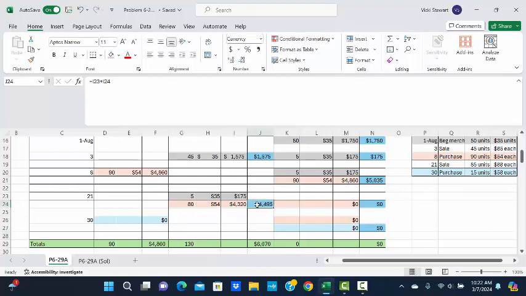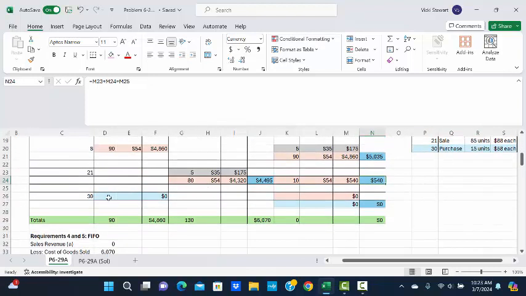So the total cost of goods sold for this sale would be $4,495. What we would have on hand after that would be 10 units. We sold all 5 of these and we sold 80 of these, so we would have 10 left at $54. So after that sale, we have $540 of merchandise inventory on hand.